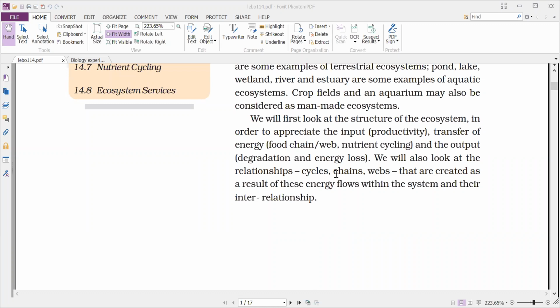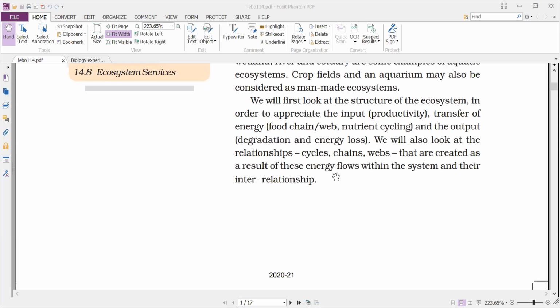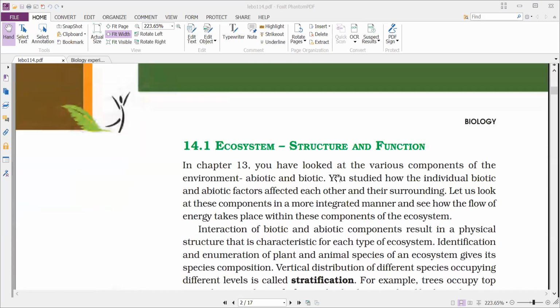We have done biogeochemical cycles, food chains, food webs, to understand the energy flow within the ecosystem and the relationship between one organism and the other organism, and also the abiotic or physical environment of that ecosystem. That is what we can study under this chapter.